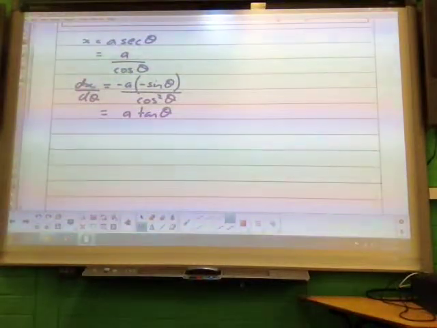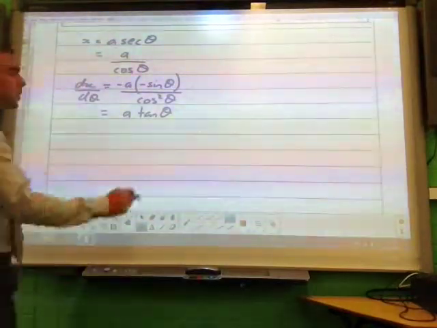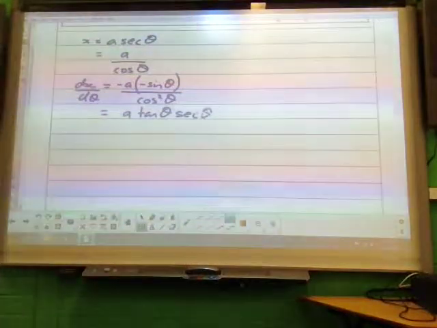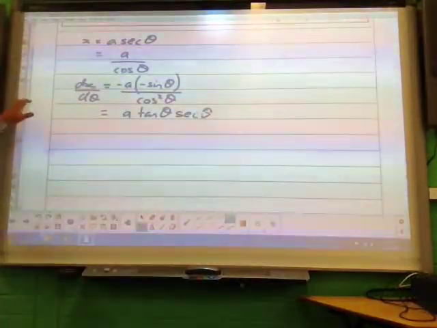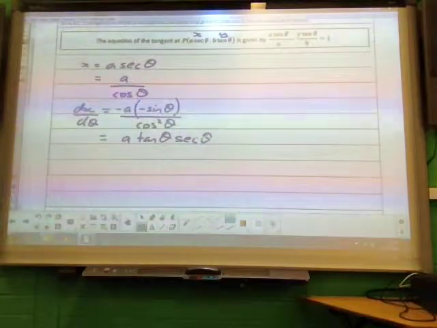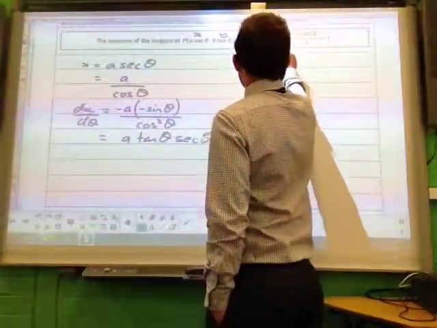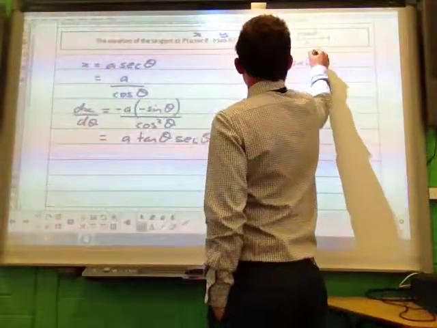Alright, so we've got a sine on top with one cos on the bottom, so sine over cos becomes tan, and then we still have the cos on the bottom, so I'm going to write it as sec theta up on top. Right, so the other part is the parametric y, b tan theta.